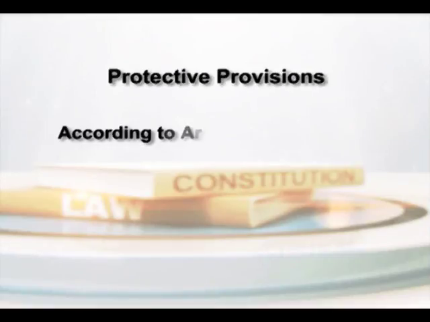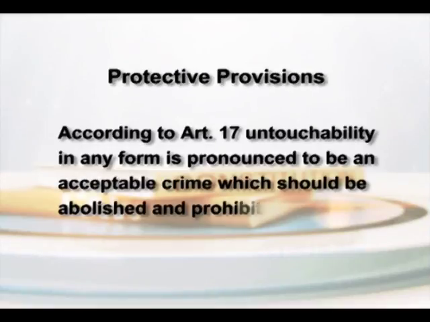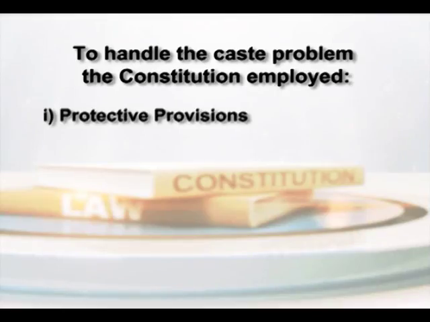The most important of which was Article 17, where untouchability in any form was pronounced to be an offence, so it should be abolished and prohibited. Consistent with that article, the Prevention of Untouchability Act for the scheduled castes was adopted. So this is one of the major aspects of the Indian Constitution where certain protective provisions were created.